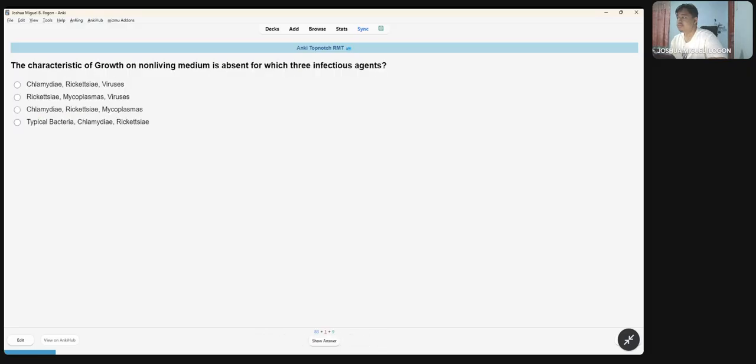Red coloration. It is a non-living medium. Viruses can't live in it. Mycoplasma can live in it.